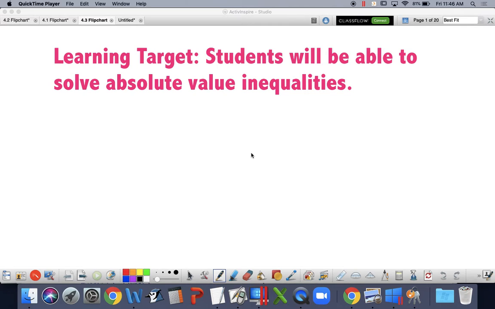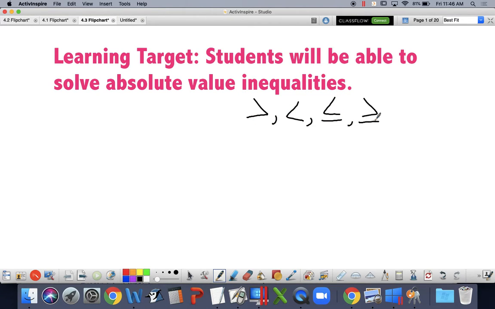And inequalities, if we remember, right, we're going to have less than and greater than, and then we got the equal to's as well. So those are the inequalities that we're going to see today. We're going to end up with a solution set, and because our question is asked with these inequalities, I'm going to give the answer in inequality notation. If you like other notations, right, set notation, interval notation, you can use those.